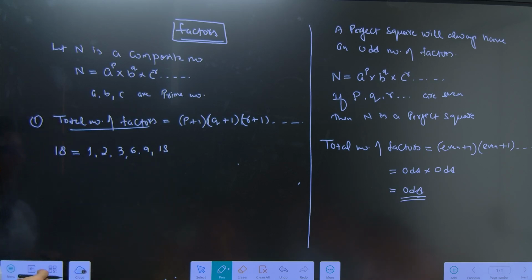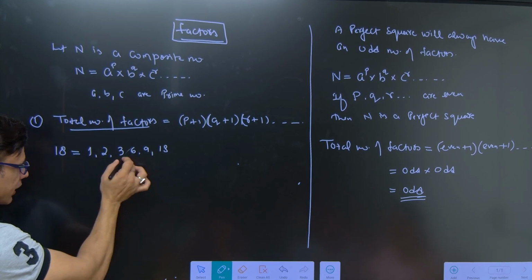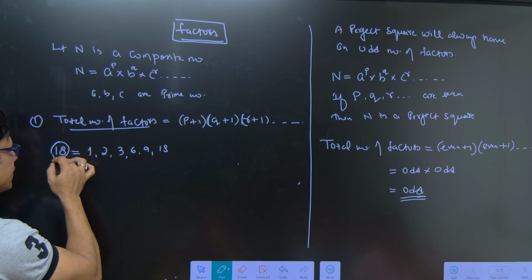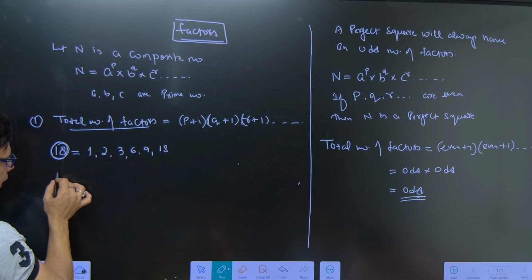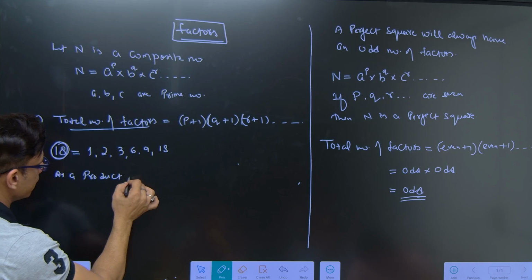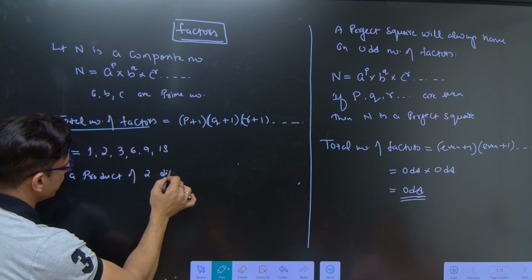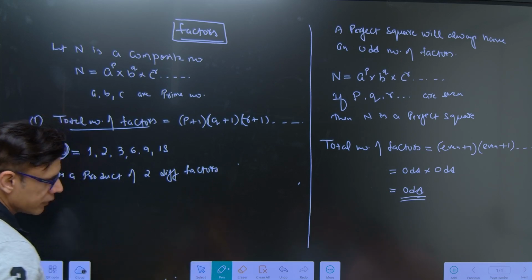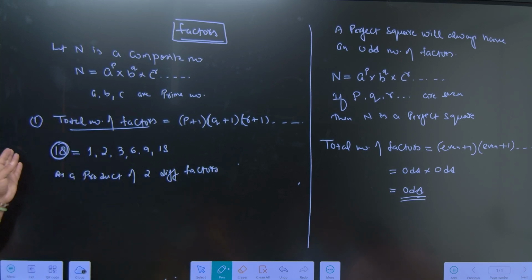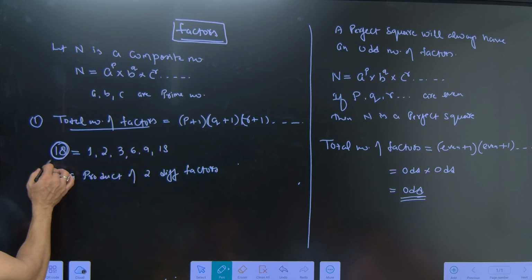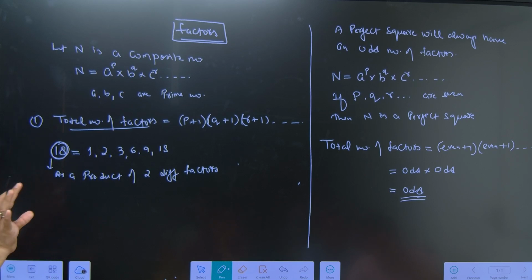And if I ask you in how many ways we can write 18, now I'm not giving you the factors. I'm simply asking you in how many ways you can write 18 as a product of two different factors. Factors are also called divisors. Suppose I do not know the factors, I'll simply give you a question that in how many ways you can write 18 as a product of two factors.